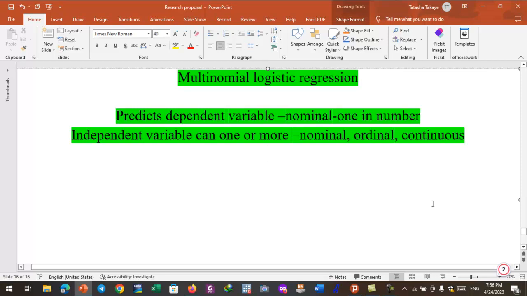Let me give you an example. Our interest is the type of drink, and we have four types. Let us assume one is coffee, and the other is a soft drink.